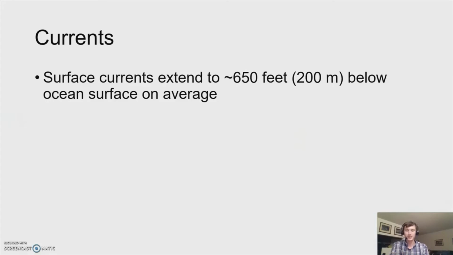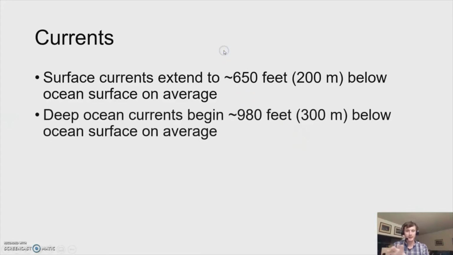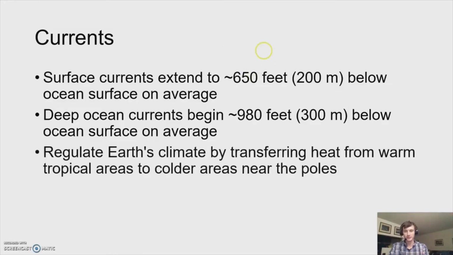We're talking about currents. We have surface currents and deep ocean currents, which are sort of two different layers to the system, sometimes moving even in different directions from one another. Surface currents go all the way down to about 200 meters, so 600-ish feet below the surface. And we have the deep ocean currents, everything at least 1,000 feet, or about 300 meters, below the ocean surface.